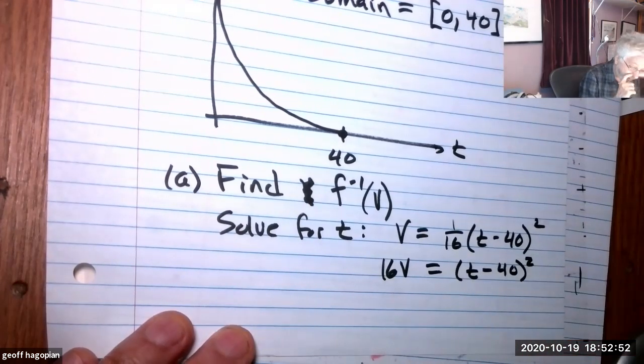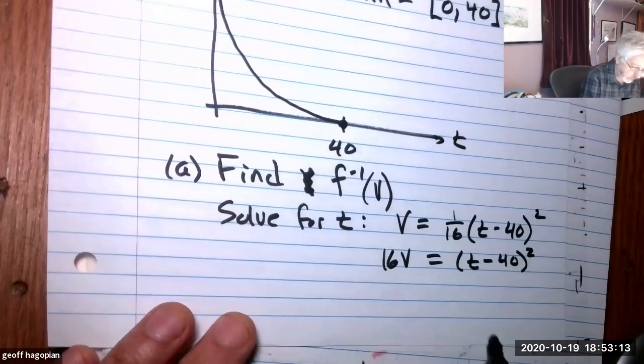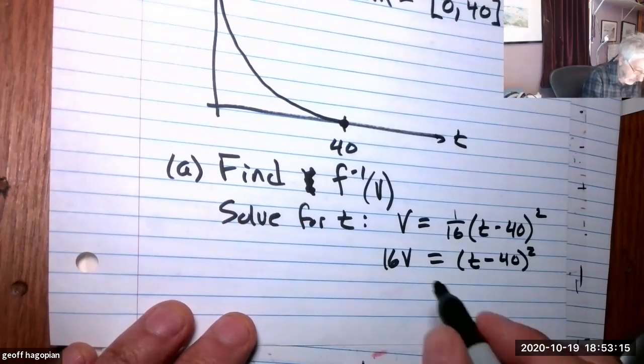Then we're going to extract roots. So are we going to extract the negative root or the positive root? Well, the positive root, right? Or is it the negative root? That's a good question. Well, let's put the positive root. We can add the negative if it makes sense.